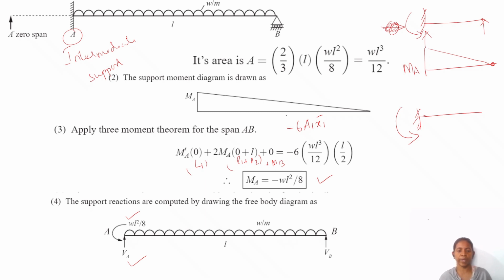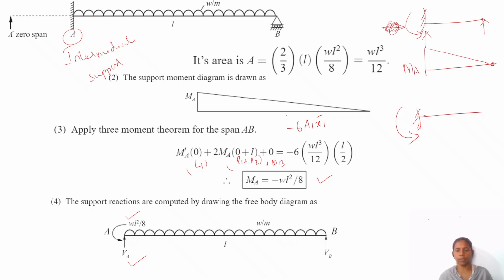Our aim is to find VA and VB. The analysis of a beam means to find reactions and bending moments, and in some problems to find slope and deflection, which you have studied in mechanics of solids for basic structural elements. So how can we calculate the reactions?